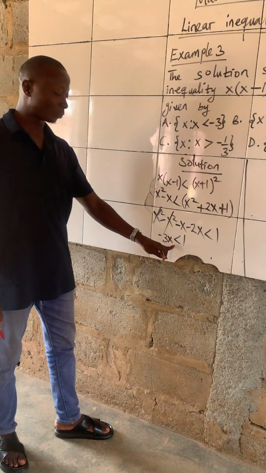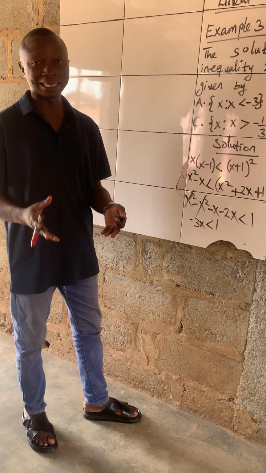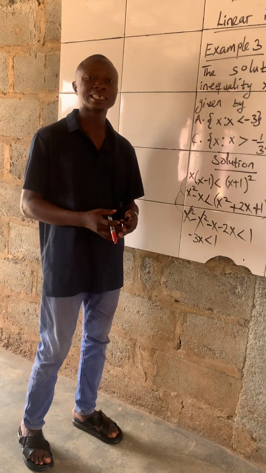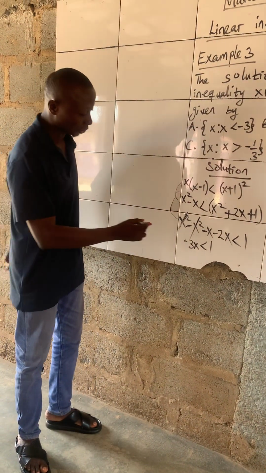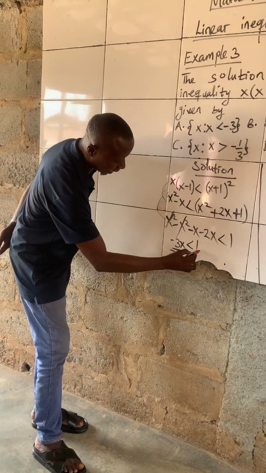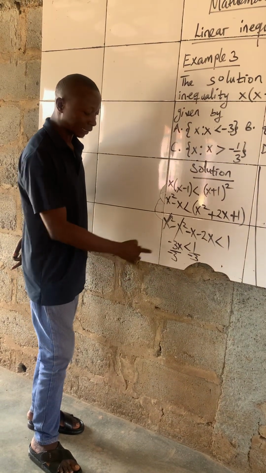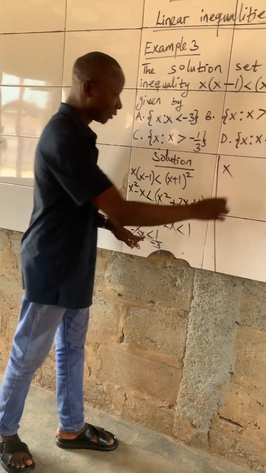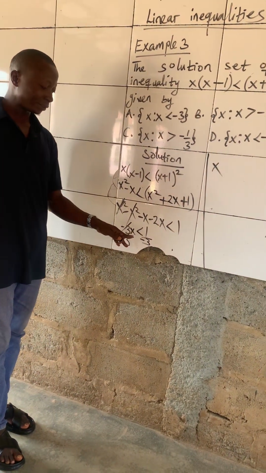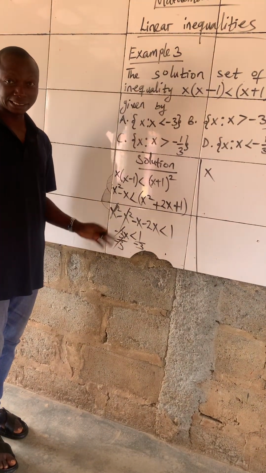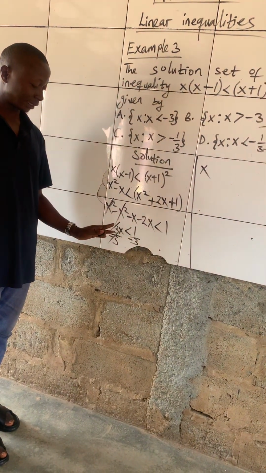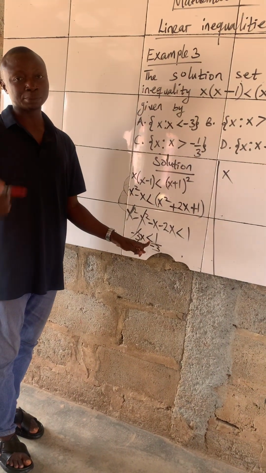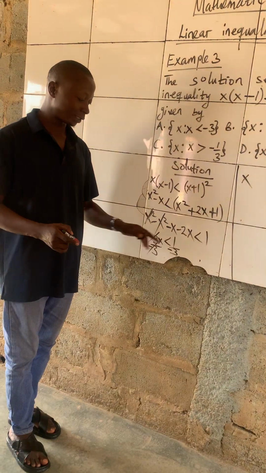So to make x the subject, we need to divide both sides by the coefficient of x. In -3x, the coefficient of x is -3. So divide both sides by -3. Remember, I said when the coefficient of x is negative, that's -3, it will demand the reversal of the given inequality.